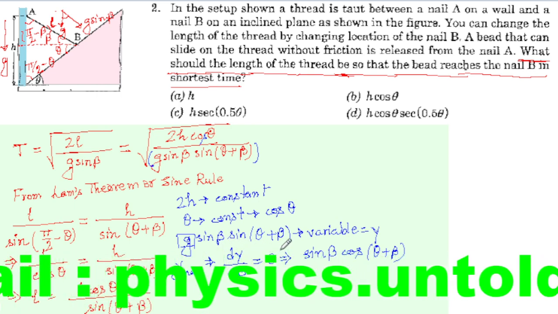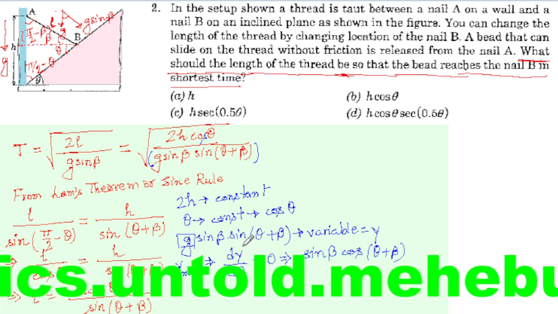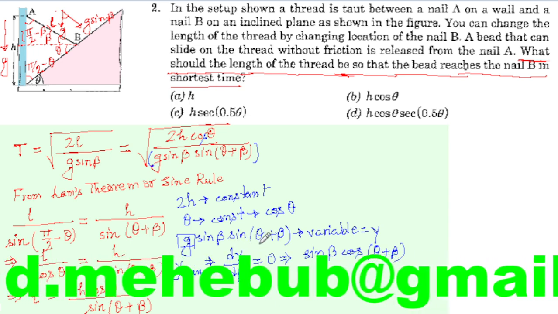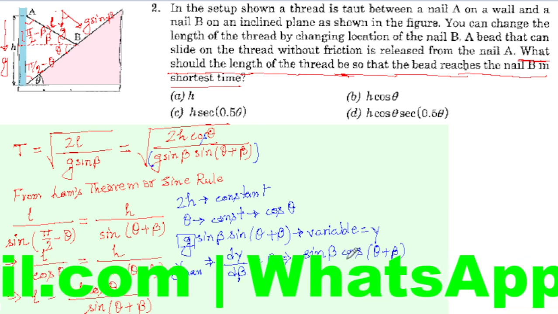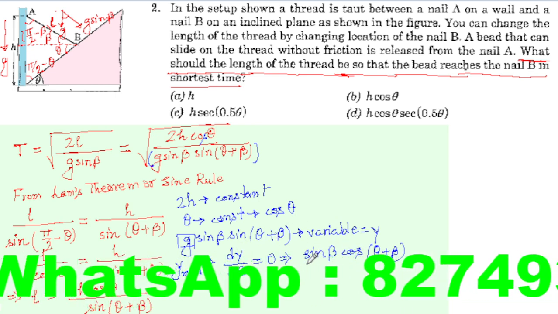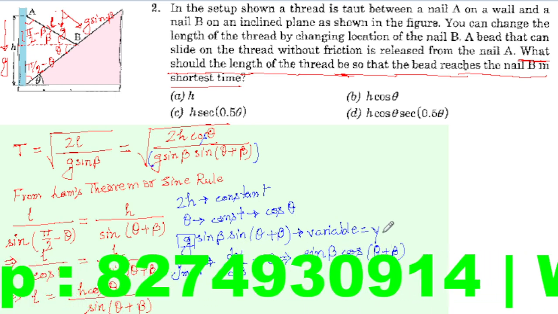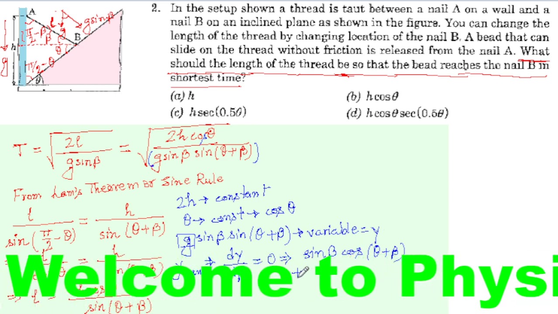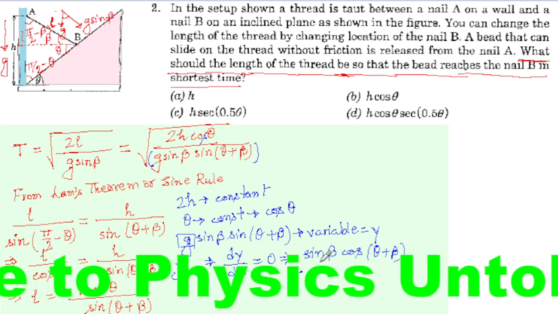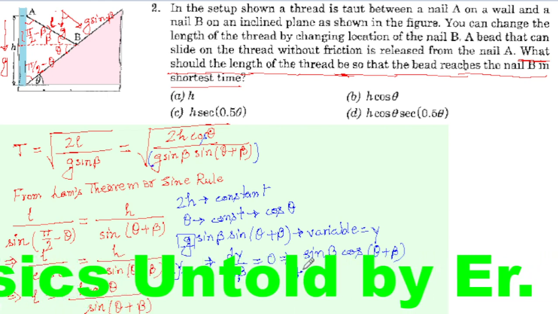First we differentiate the expression sine of theta plus beta, which equals cos of theta plus beta, and at that time we take sine beta as constant. After that we take the term which was taken as variable, and now set it as the constant term.